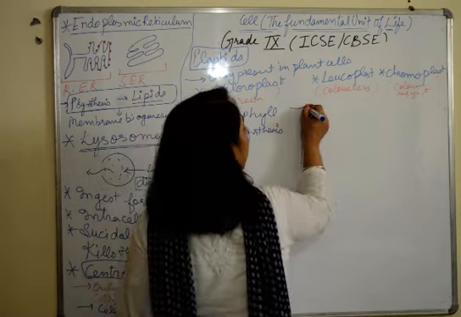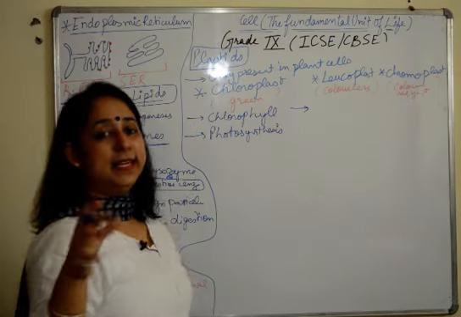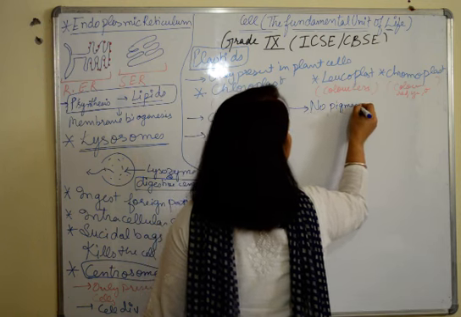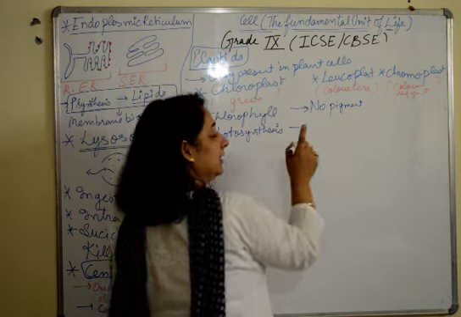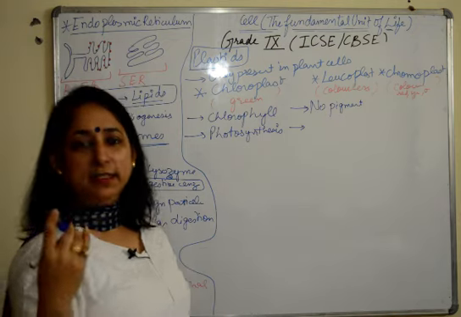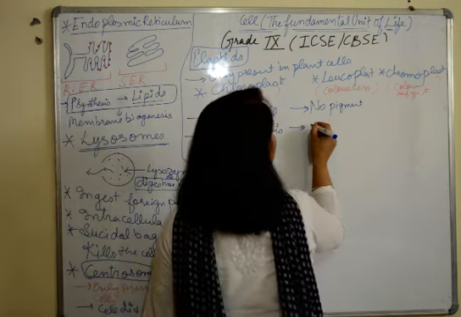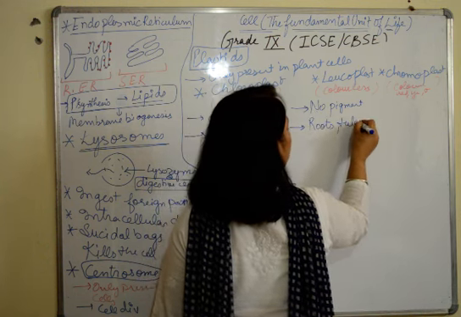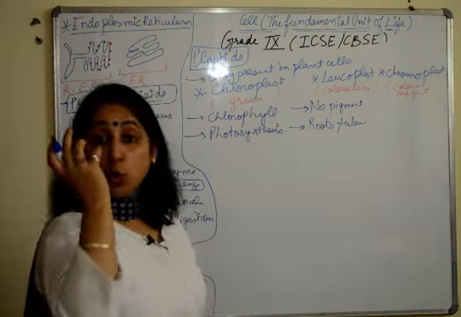Leucoplasts are pigmentless. They do not have any pigment, and they are present in the parts of the plant which are non-green, which are off-white, creamish, whitish in color. Basically they are present in roots, tubers, etc., wherein storage is taking place.